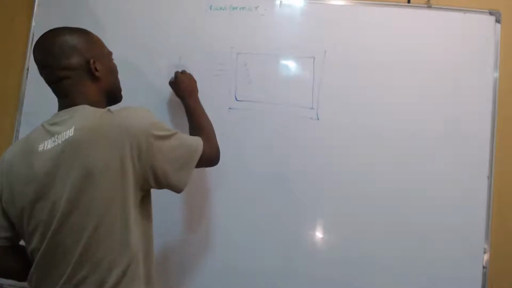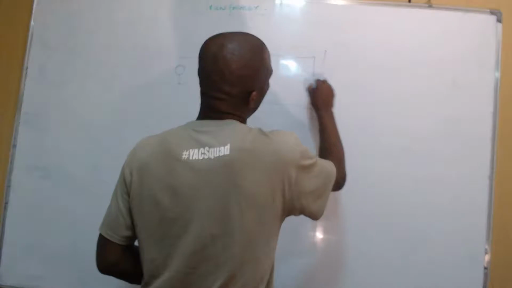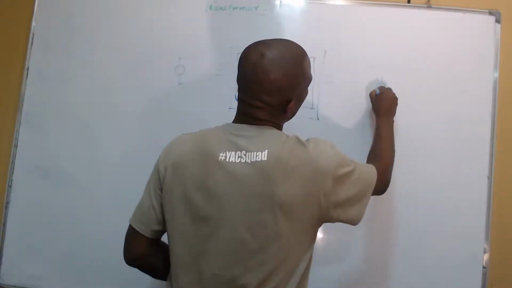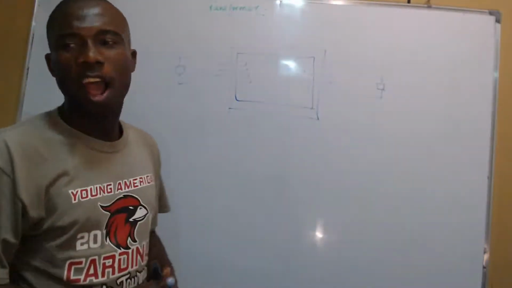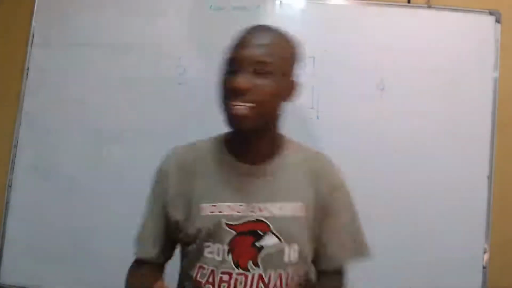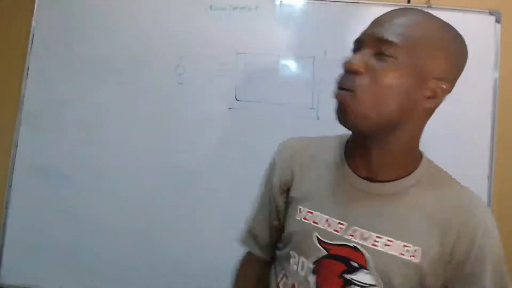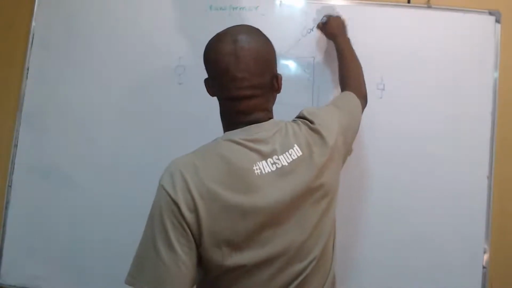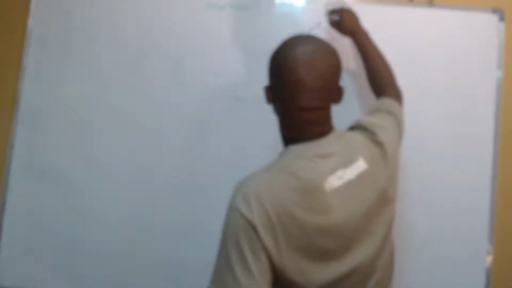Now, this is a schematic diagram of a transformer. A transformer consists of a core and the winding. These are the two major things inside a transformer, the core and the winding. Now, this is the core of a transformer. It could have a ferrite core.